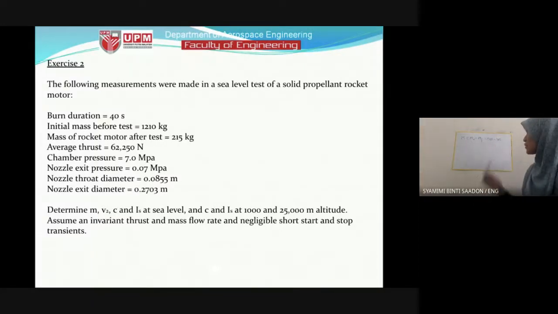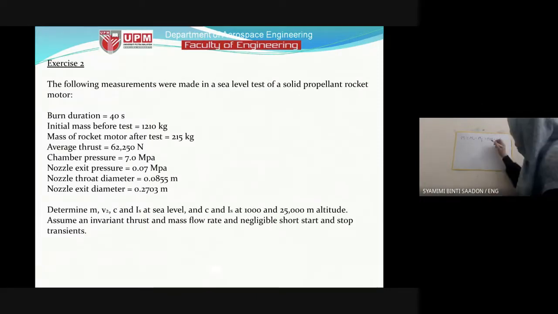So 1,210 minus 215, the initial mass minus the final mass of the rocket after the test, after launching. So we get 995 kilogram.